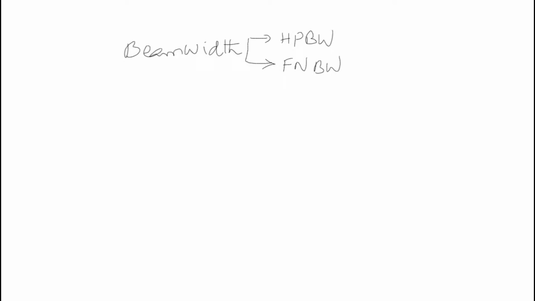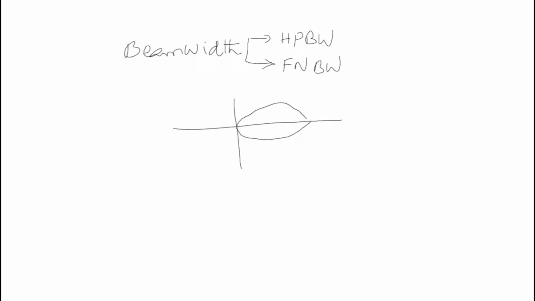And beam width between first nulls, name itself, it is measured between the first null points. Null means what? Zero. Actually, an antenna radiates the maximum energy in a particular direction, and minimum or less in other directions. Now let us take the major lobe for the antenna, like this.